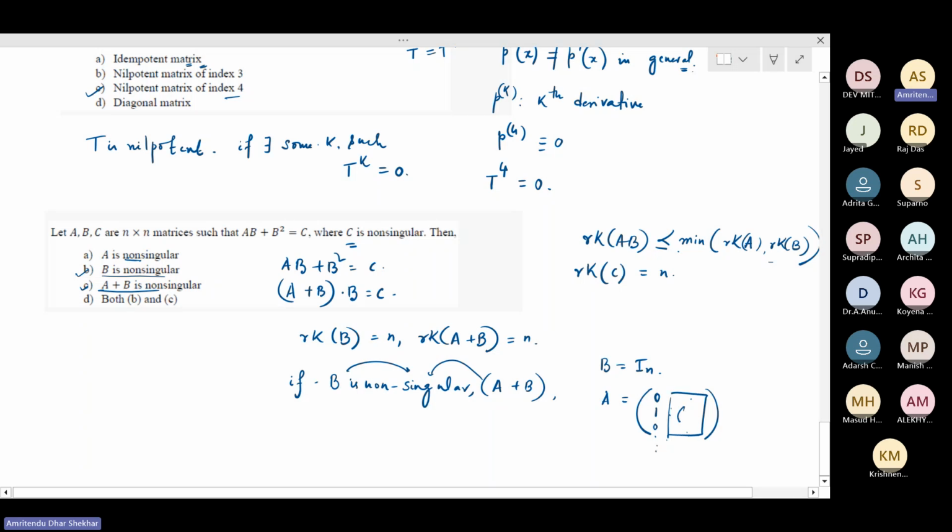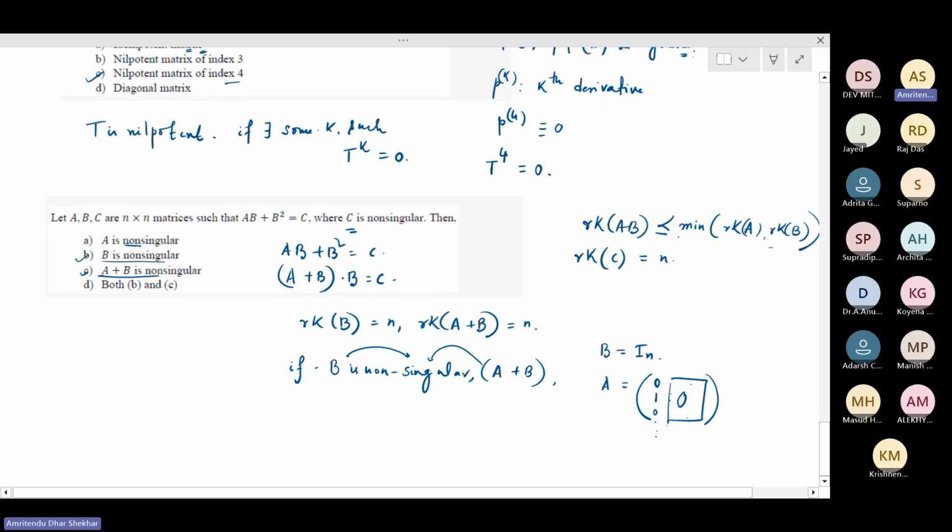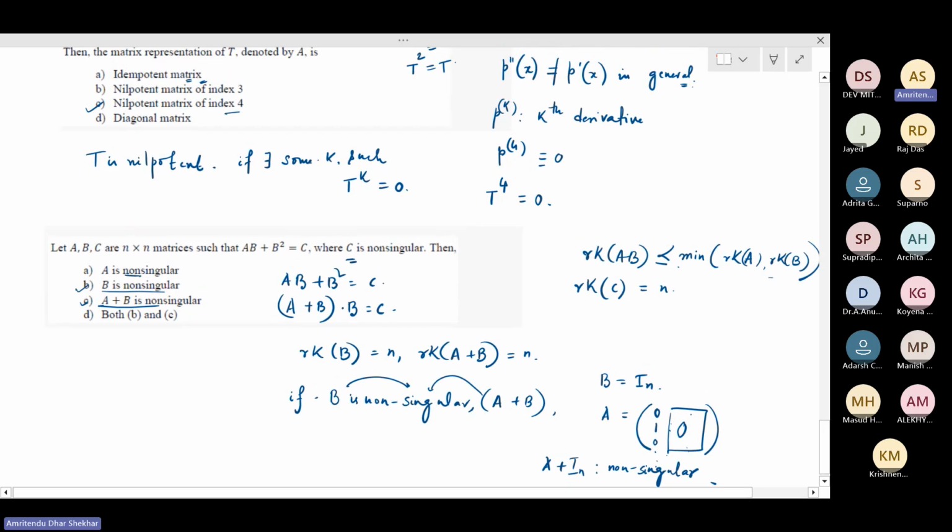This is a big block of 0. Now, if you add A plus I N, you will notice that this is non-singular. But of course, A is a singular matrix. So B and C are correct.